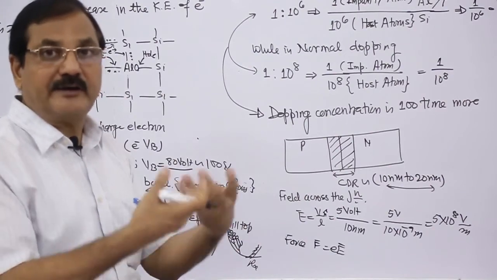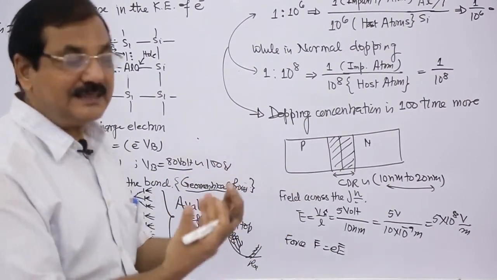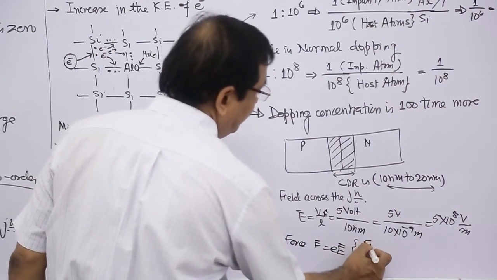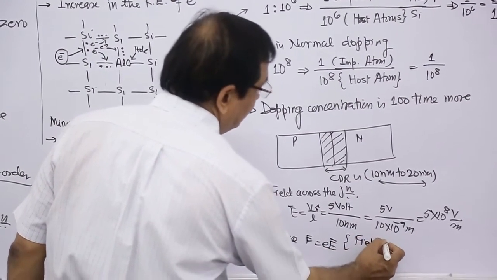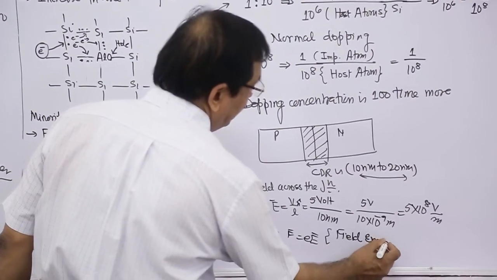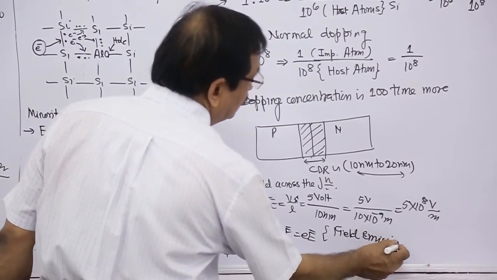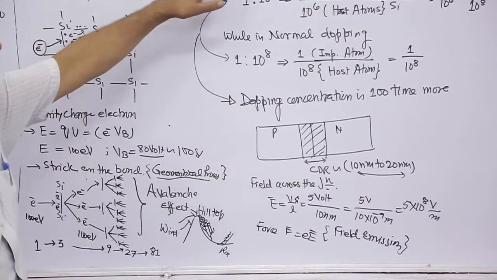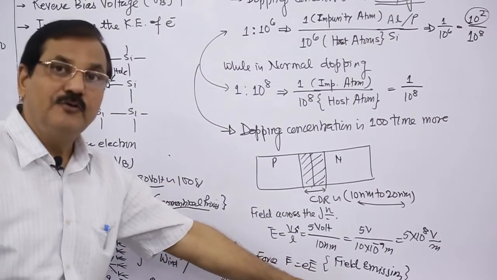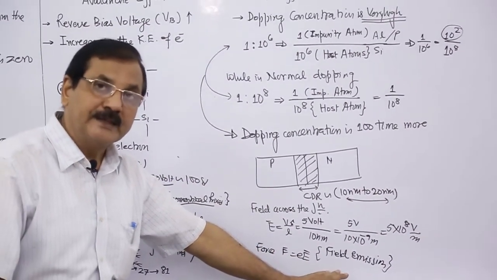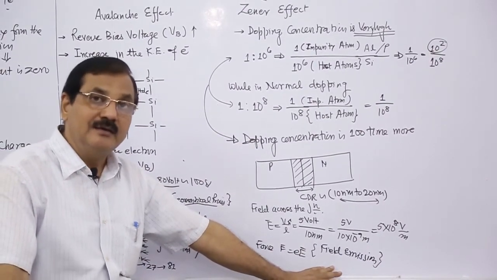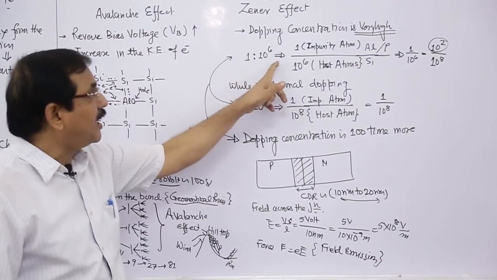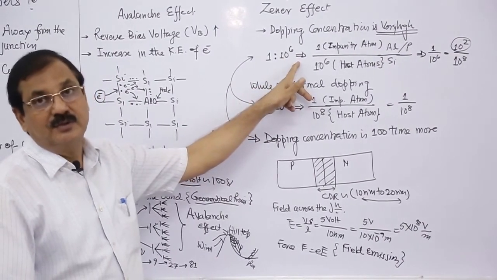This evaporation from the junction is termed as field emission. This is known as field emission. So, in case of Zener effect, there is a field emission. It is due to the high field across the junction, and it is due to the high doping concentration.